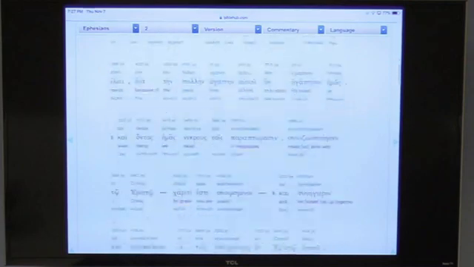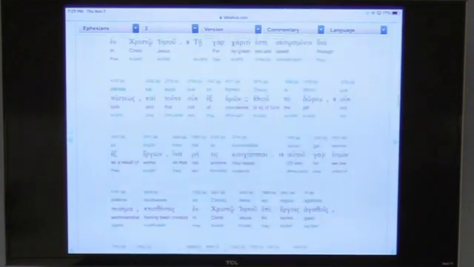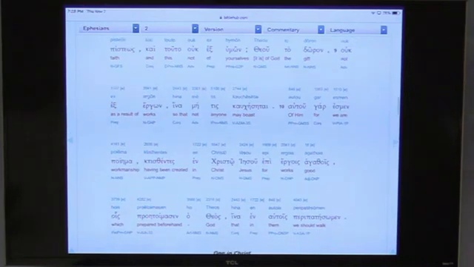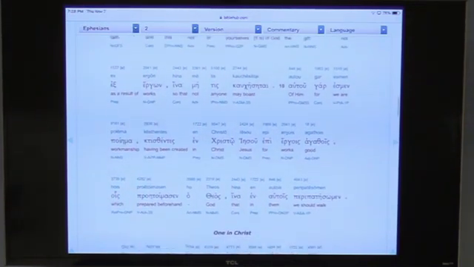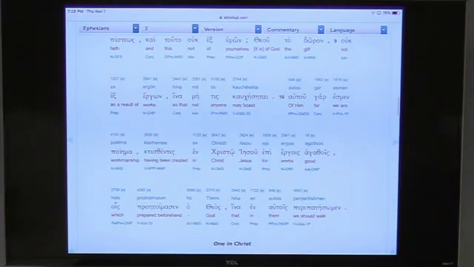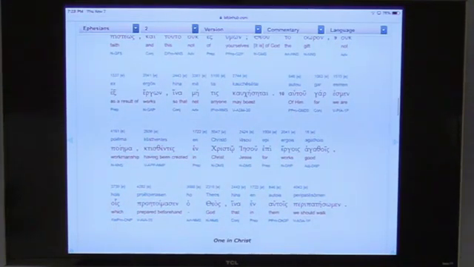Study verse 10 in the interlinear. What word appears to be out of place, ignoring the Greek word gar and its English translation for, in the phrase, for we are his workmanship? So specifically looking at that phrase in verse 10, for we are his workmanship.